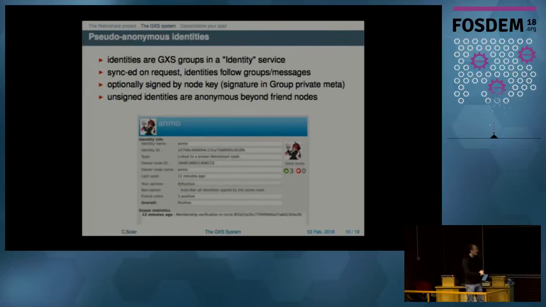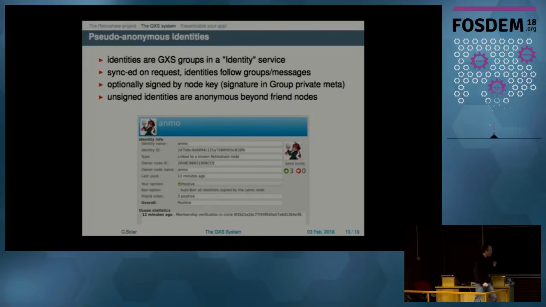As I said, identities follow the groups. They are synchronized on request, and actually they are handled by a GXS service. So it might become a bit complicated at some point, but this allows us to benefit from a lot of the existing infrastructure in GXS to synchronize the identities.